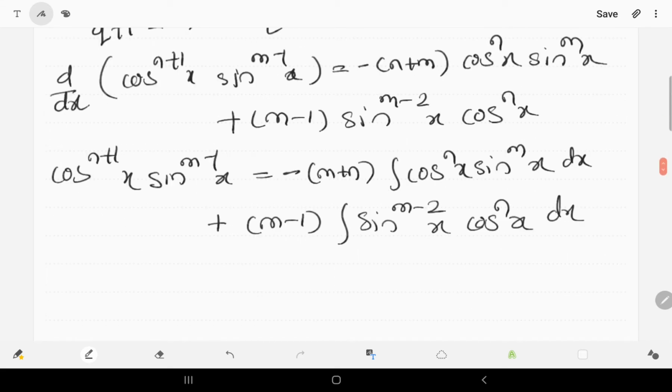Now, we want the integration of cos raised to nx sin raised to mx.